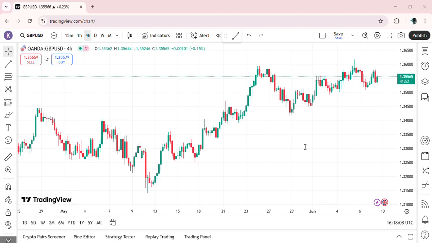We come now to the importances of trend lines. The first one is identifying the trend direction. Trend direction is where the market is going. Is it uptrend, downtrend, or sideways, right? And with this you can do it.